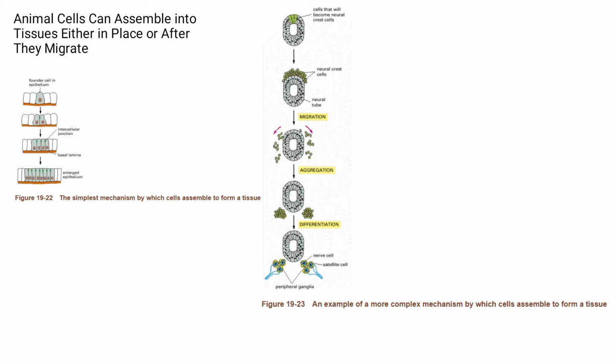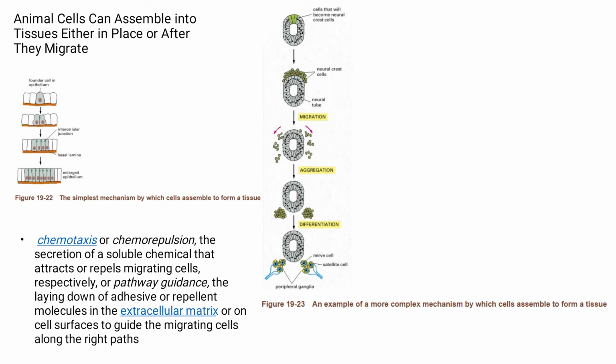Here, they are shown assembling and differentiating to form collections of nerve cells, which are called ganglia, in the peripheral nervous system. Other neural crest cells differentiate in the ganglion to become supporting or satellite cells, which surround the neurons. The crest cells tend to migrate in clusters, and they proliferate rapidly as they migrate.